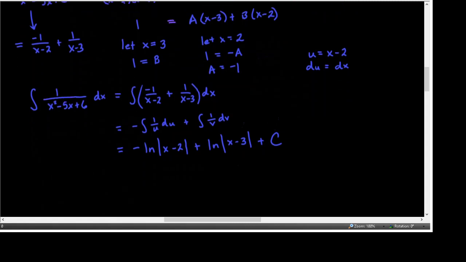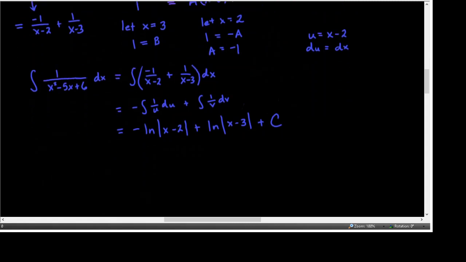Now, as far as alternate forms, you might want to remember that the difference of two logs, let me rewrite this in that order, the difference of two logs is a single logarithm, and the answer may show up like that as a single logarithm. This would be the natural logarithm of the absolute value of the first thing divided by the second thing.